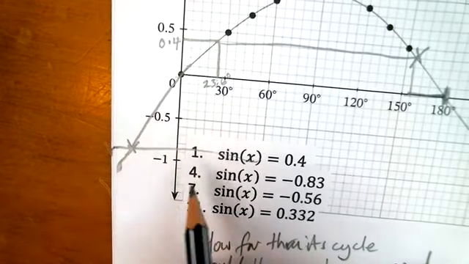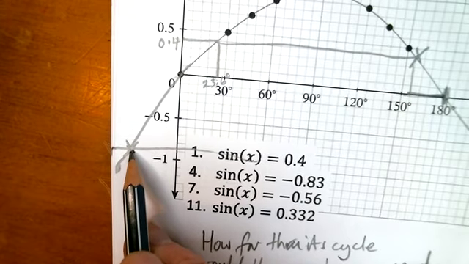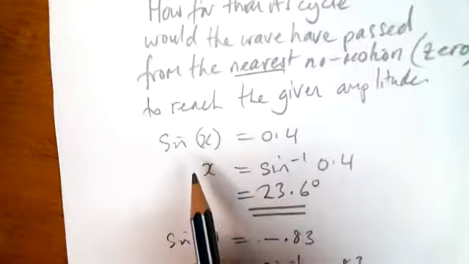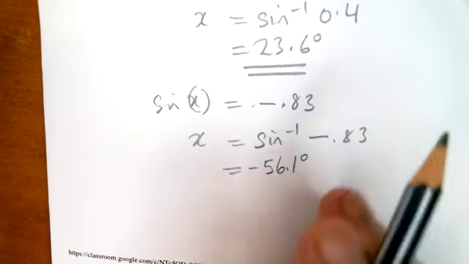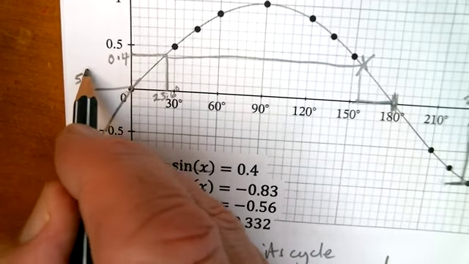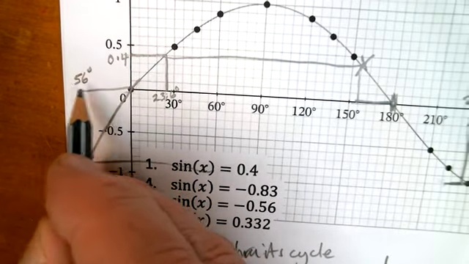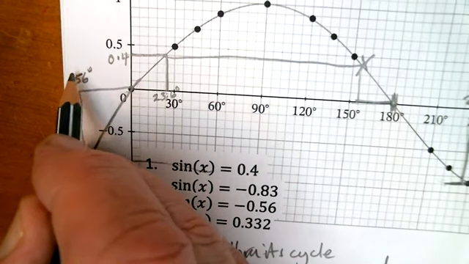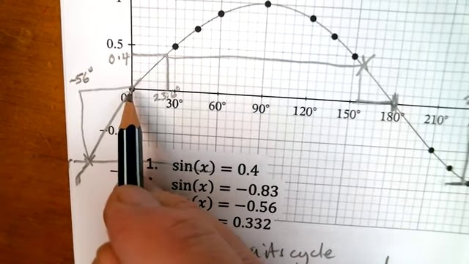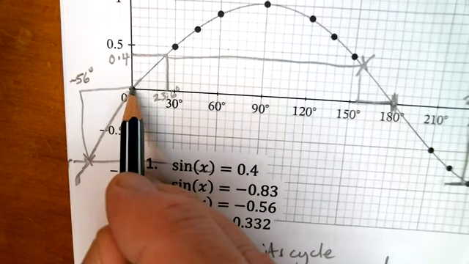That's our nearest negative. And how far back is this? That is negative 56 degrees. It's negative because it's back beyond the 0 point. But it's just 56 degrees from the nearest no motion or zero position.